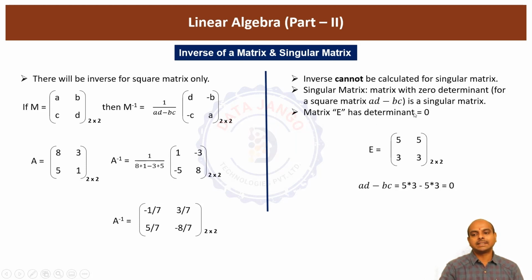A singular matrix is a matrix where determinant is 0. If you look at this matrix 5, 5, 3, 3, and try to calculate AD minus BC, AD is 15, BC is 15. It's equal to 0. When you try to calculate inverse, you get divide by 0. Divide by 0 is undefined. So you cannot calculate inverse for a singular matrix.